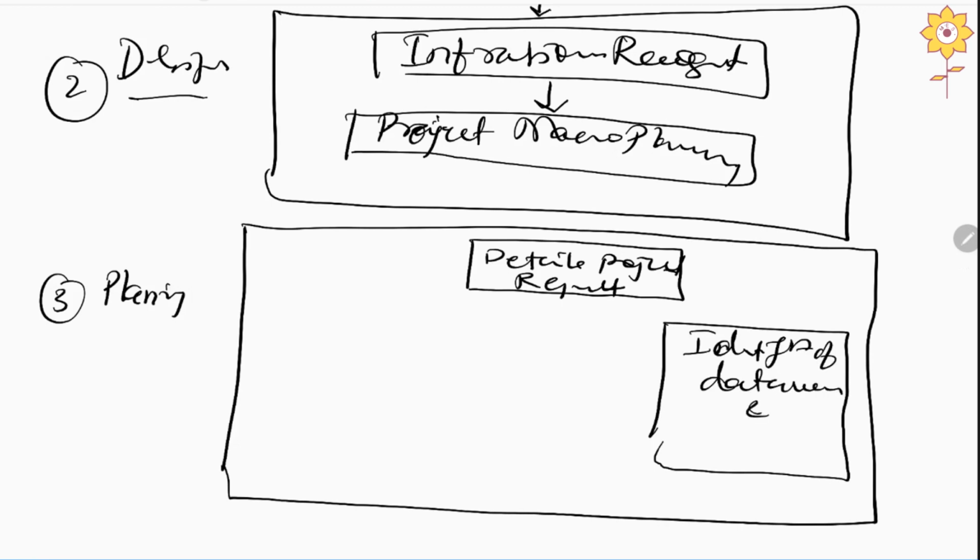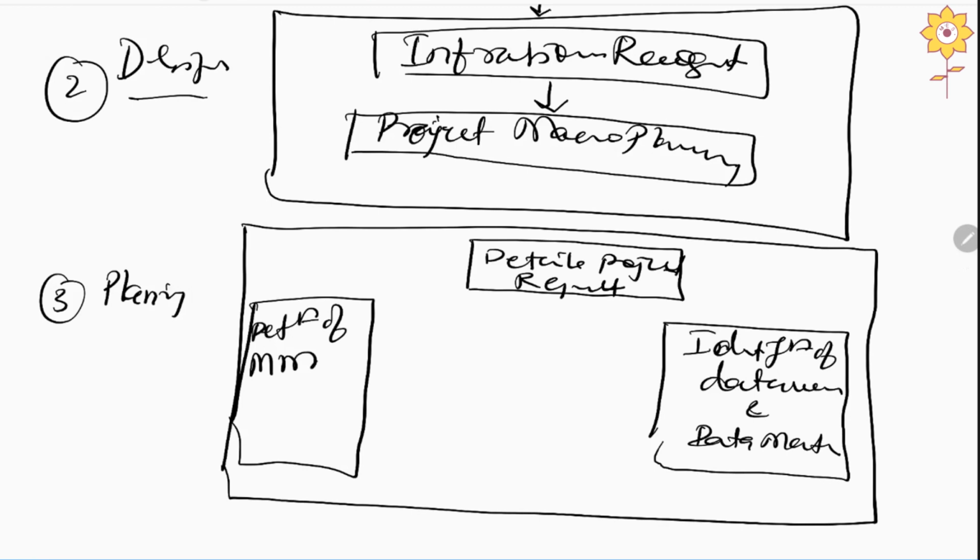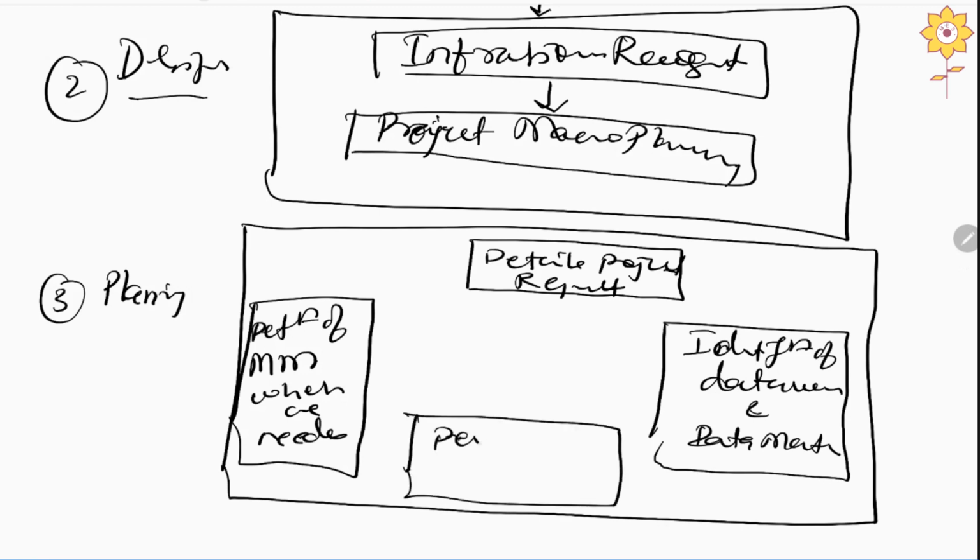We have one more component over here, that is definition of mathematical models that are needed, and lastly we have development of prototype. Now, these sub components are connected with one another. So, here we can see the connection as well. So, this is the third phase of our development of BI system.